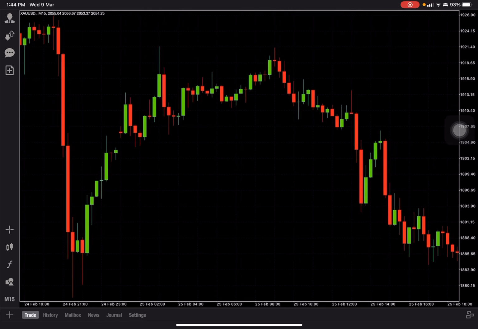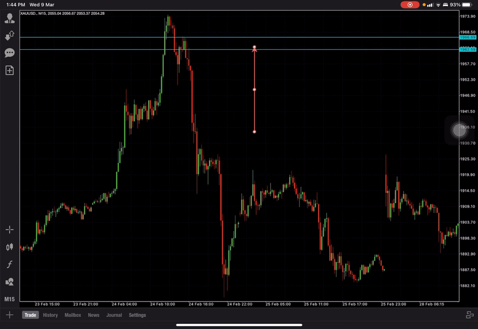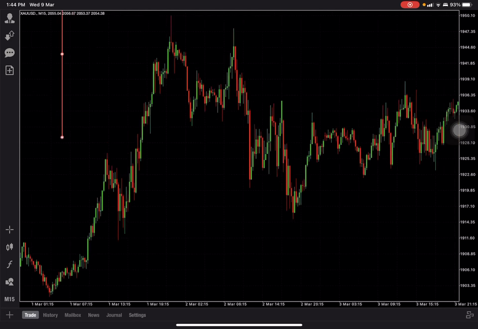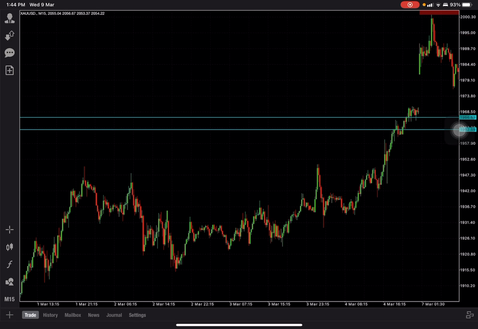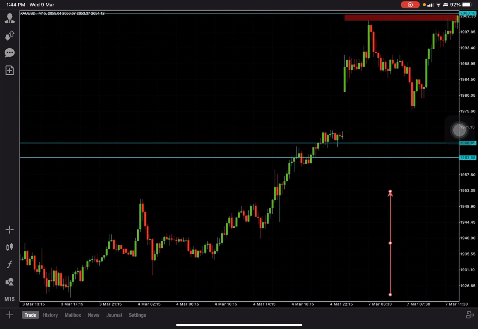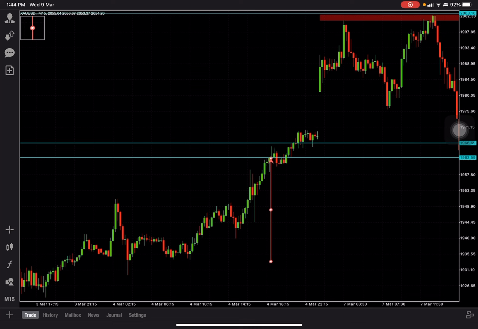But what happened was the price came back there, and the price came back here, but it didn't go down. Even though this is a valid resistance, it didn't go down. Instead, it went up, like boom, suddenly went up 600 pips, 400 pips.